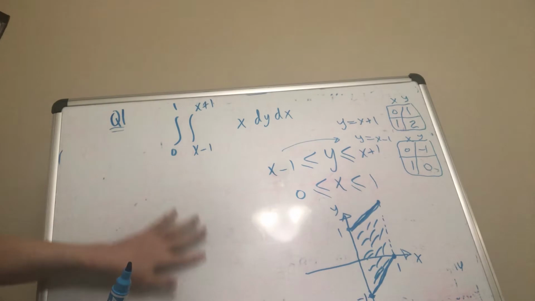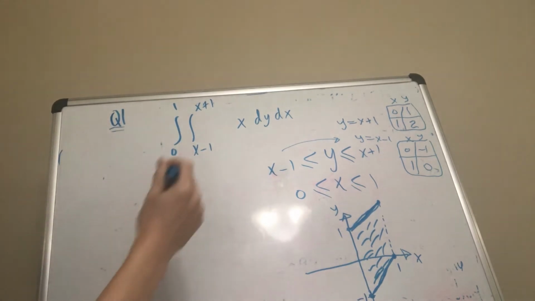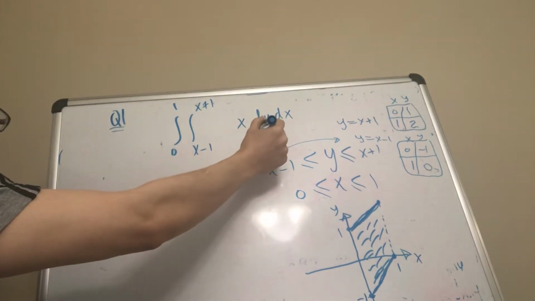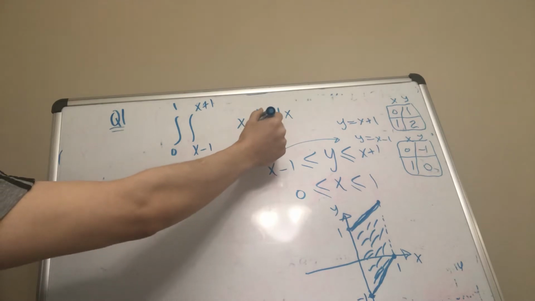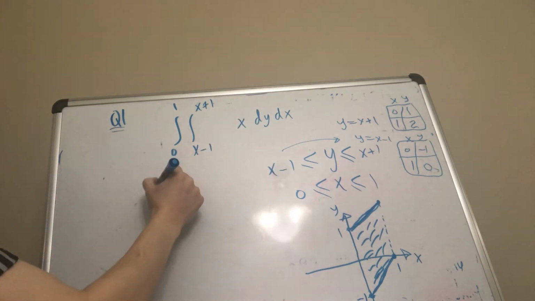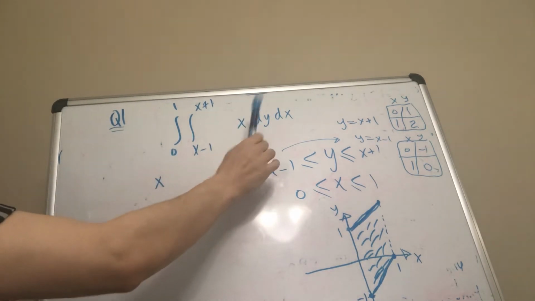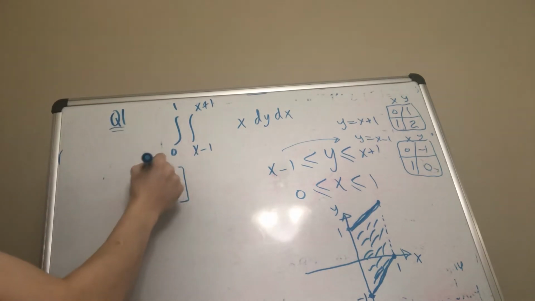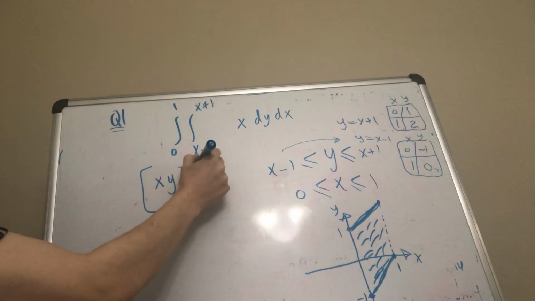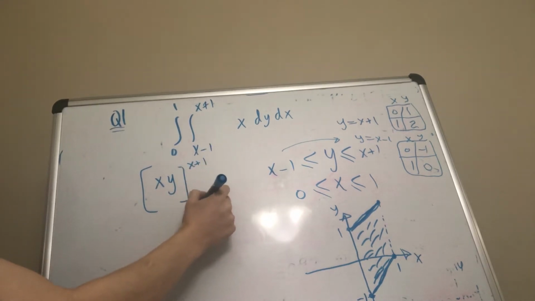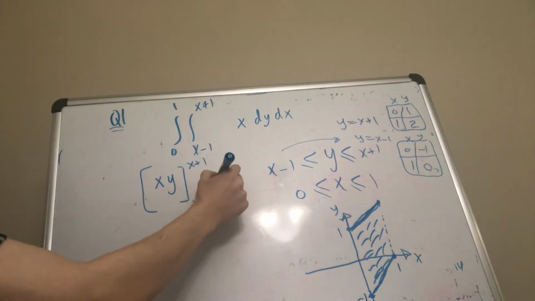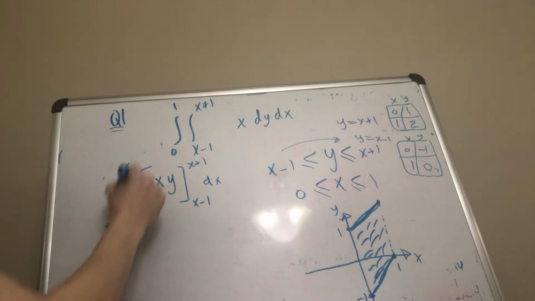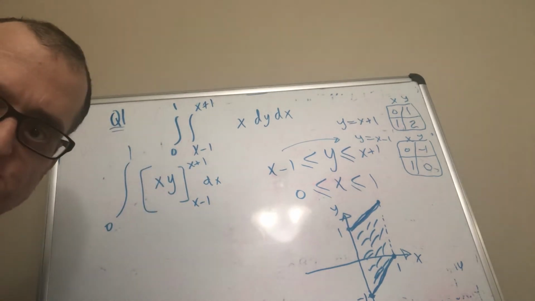So what you need to do is integrate this. Since we're doing the dy, the x is a constant, so the integral of x dy is x times y. You put the two limits, x plus 1 and x minus 1, and you still need to integrate from 0 to 1.